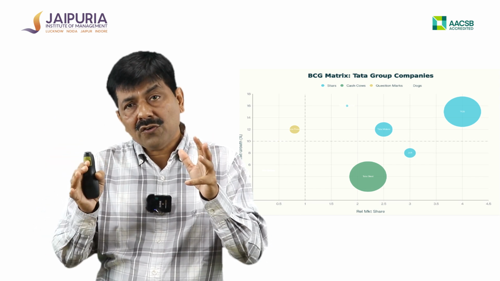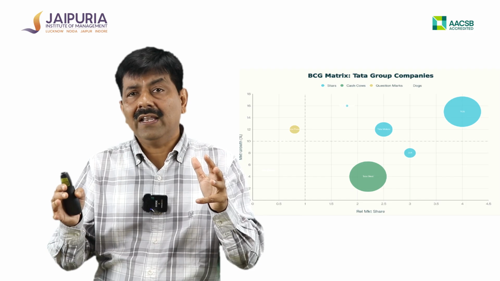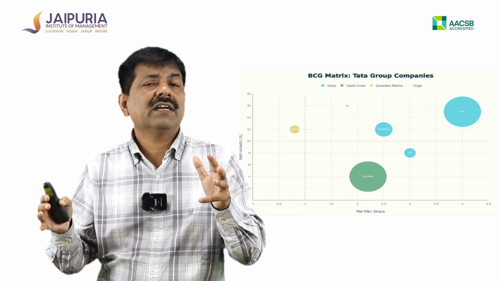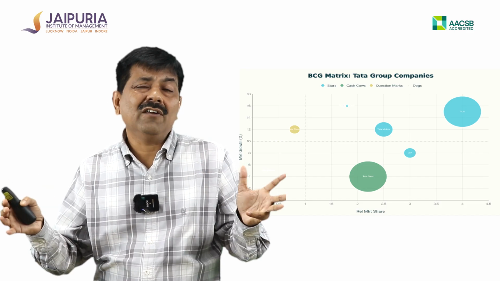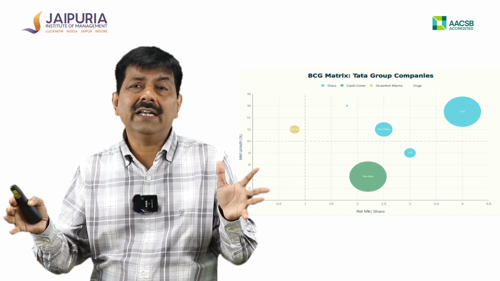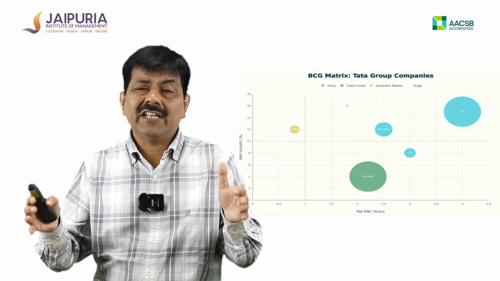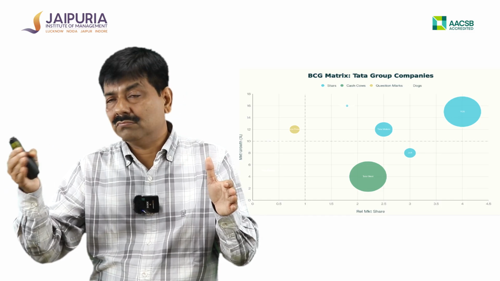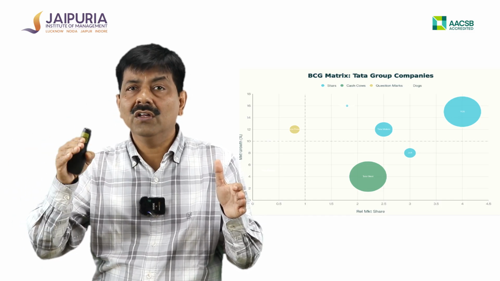Now if you talk of your cash cows, companies like Tata Motors, which is doing well in a mature market, and the company has existed for ages also. So all kinds of investments are already done. Now it's time to shift the excessive cash which you generate to other companies which fall into the category of question marks or stars.